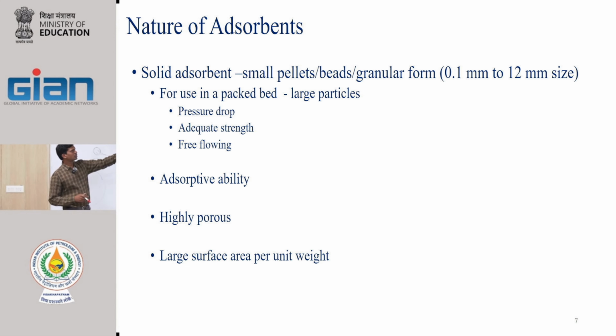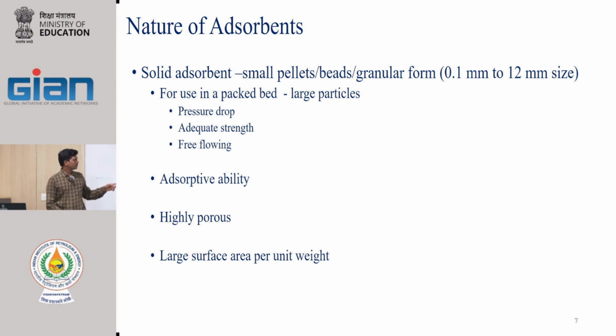If the adsorbent particle is so small, like 0.1 mm, it will offer more pressure drop to the gases, and it will not have adequate strength. So we have to take care of all these things when we design an adsorbent column, and then choose the proper adsorbent material.